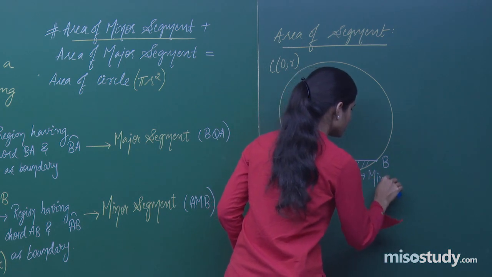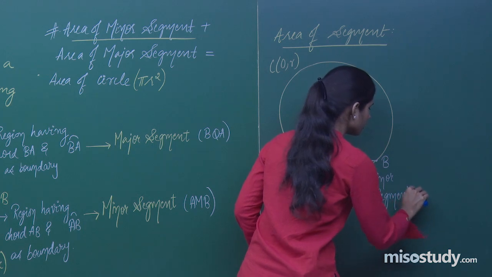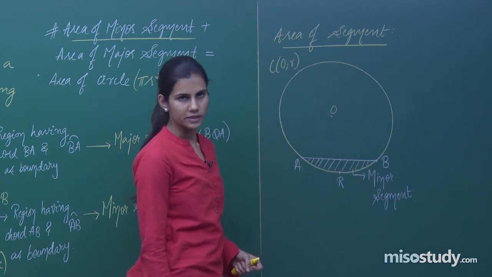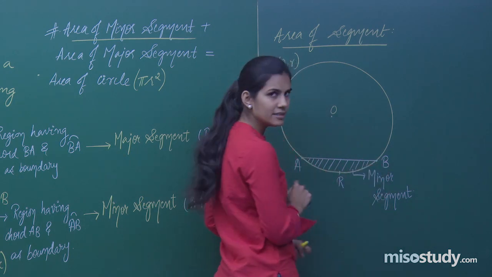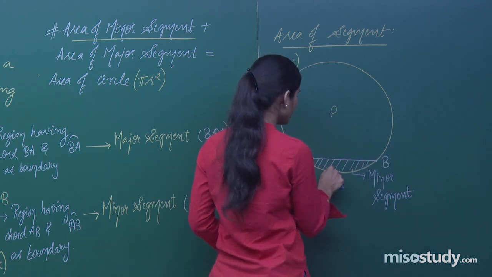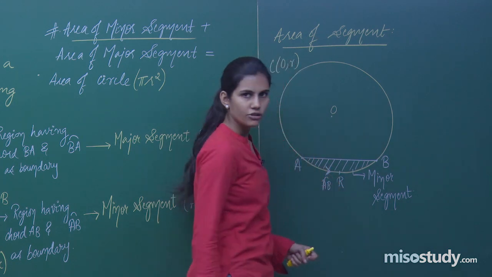Minor segment. I wish to compute the area of this segment. So what basically happens, if you can see, this minor segment corresponds to the AB chord and the AB arc, right?